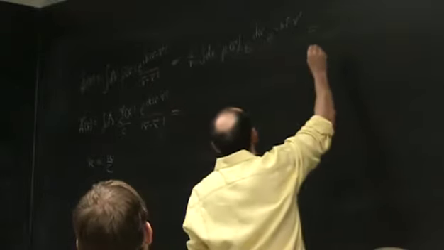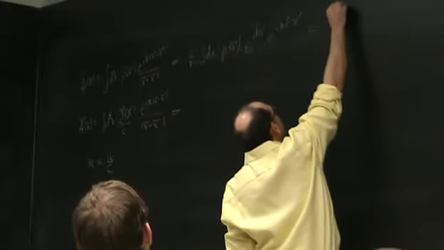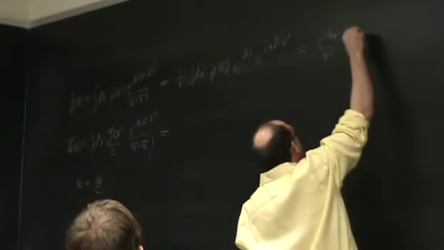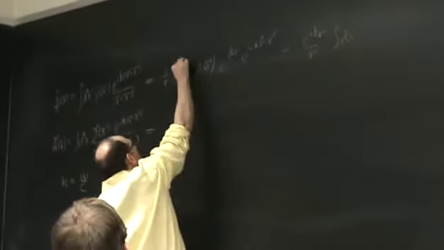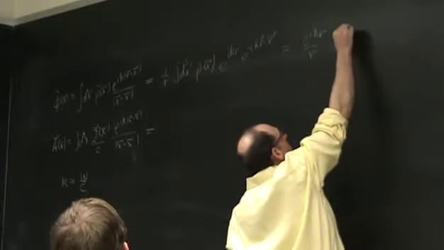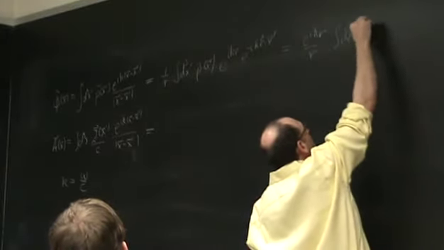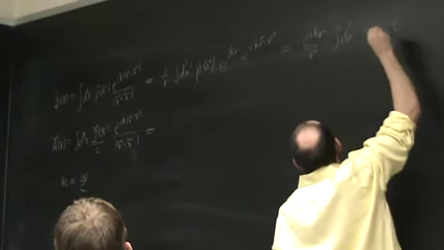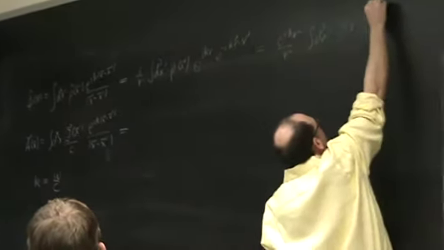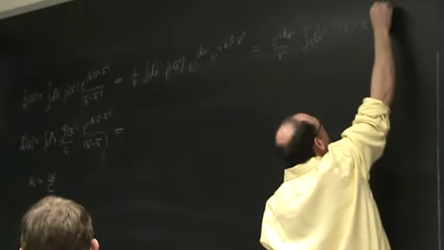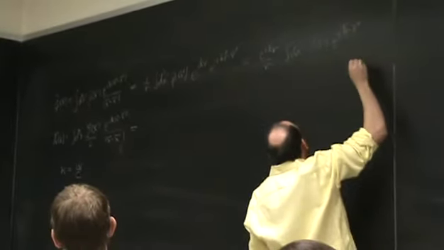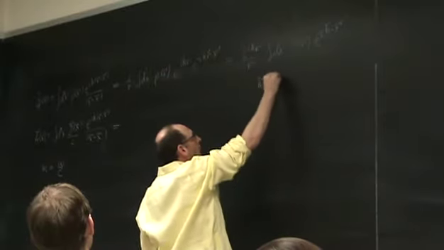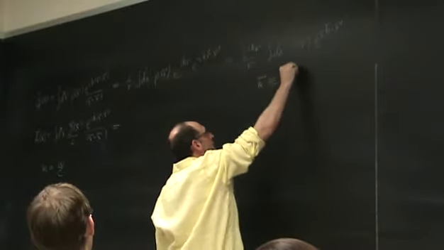Okay, so this then looks like e to the ikr over r, integral over all space d^3x prime, rho tilde of x prime, e to the minus ik dot x prime. Again, k is a shorthand for omega over c r hat.